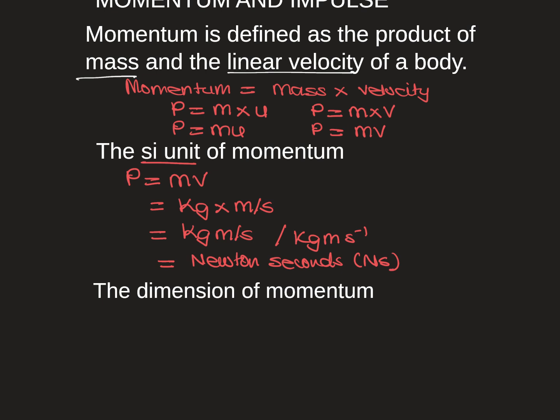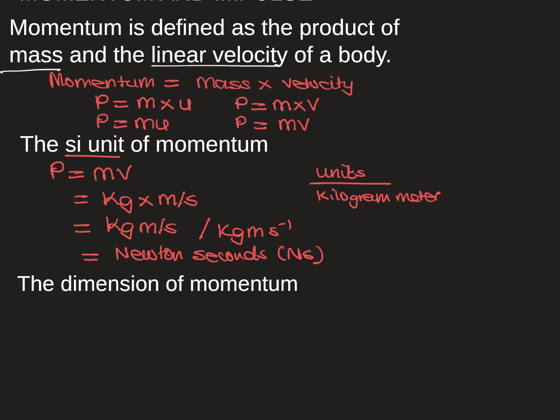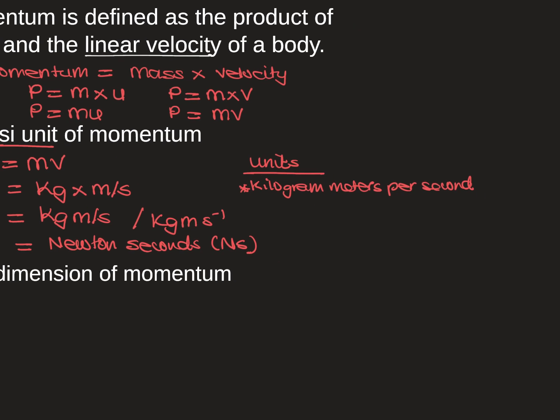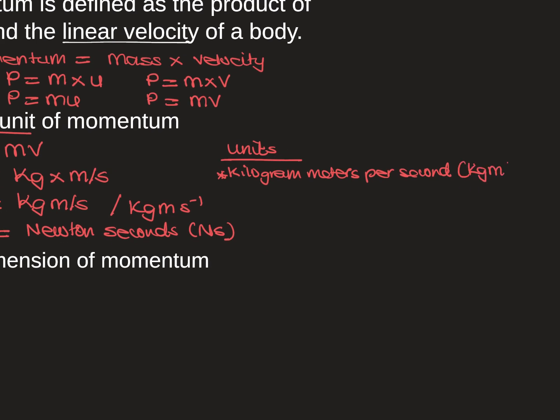So the unit of momentum is either kilogram meters per second, that is kg m per s, or Newton seconds. We will talk about that.